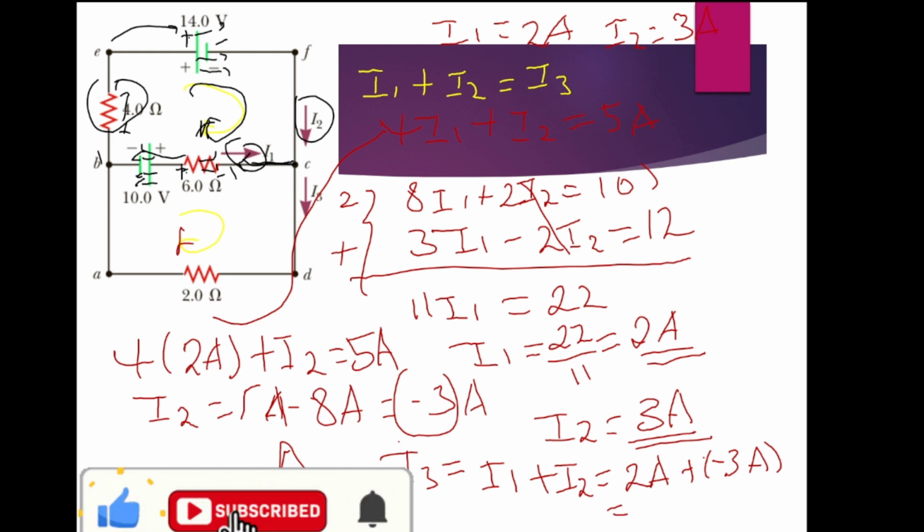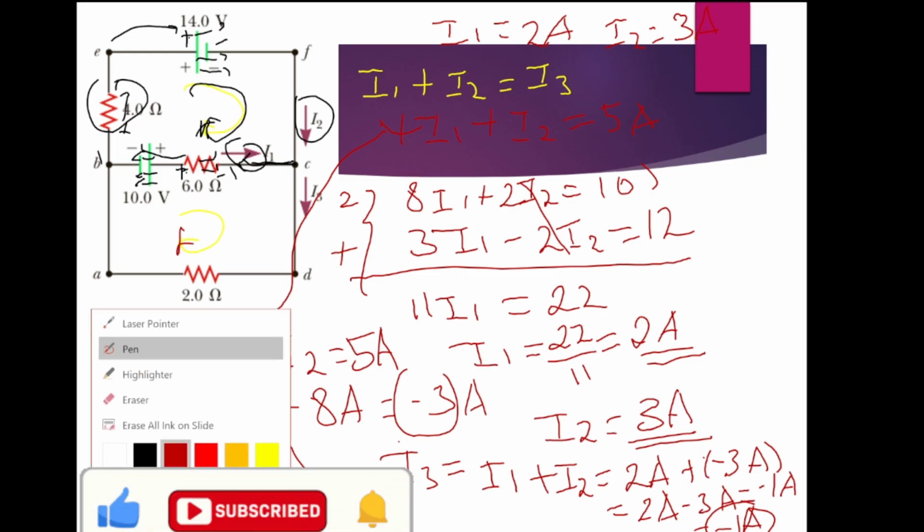So 2 ampere minus 3 ampere is going to be minus 1 ampere. But in our calculation, we have to consider the negative sign because it indicates the path that we have chosen. But in the final answer, we'll put it positive, right?